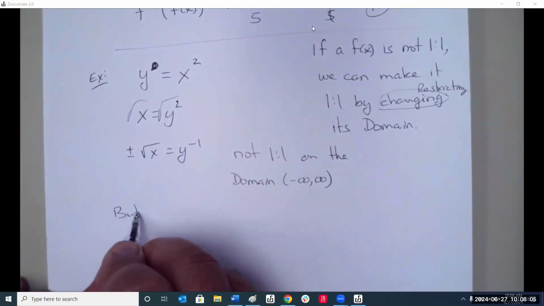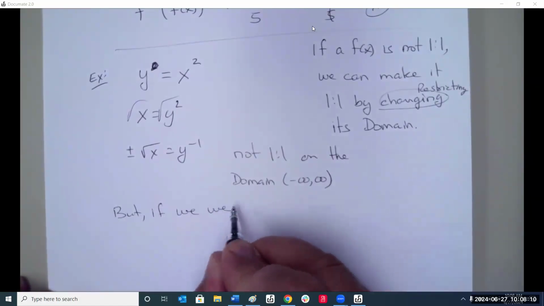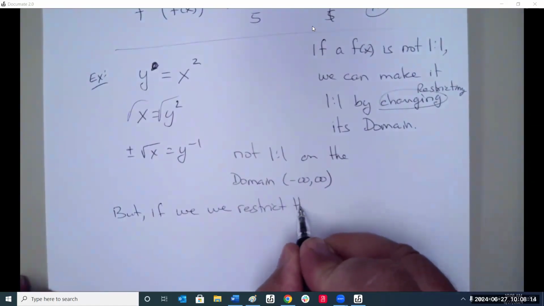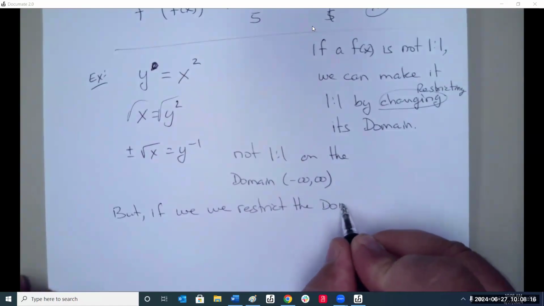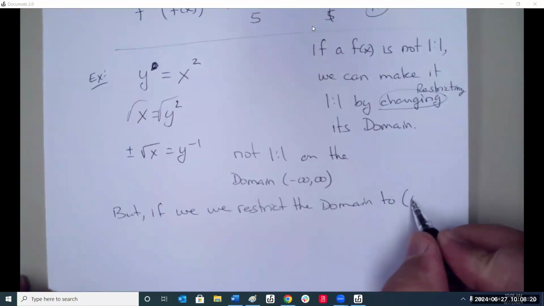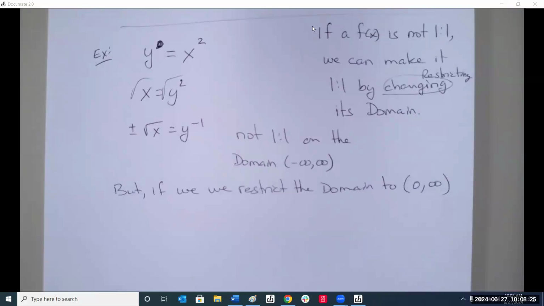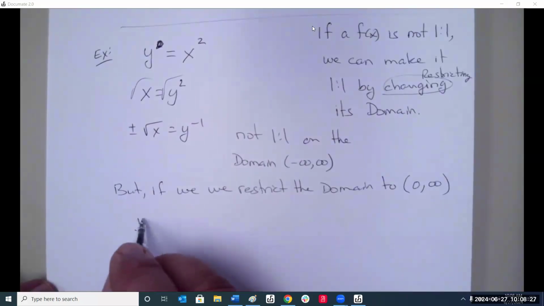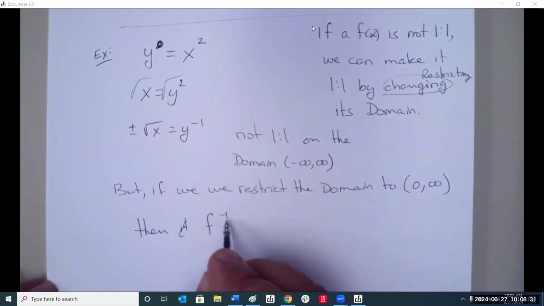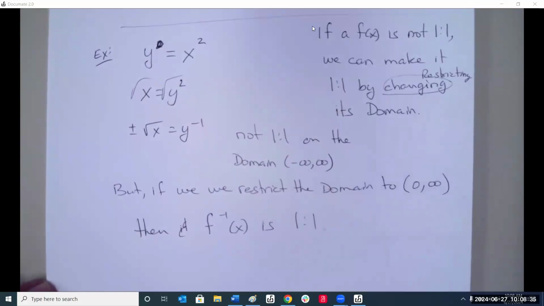But if we restrict the domain to 0 to infinity, only the positive ones, then f inverse is 1-to-1.